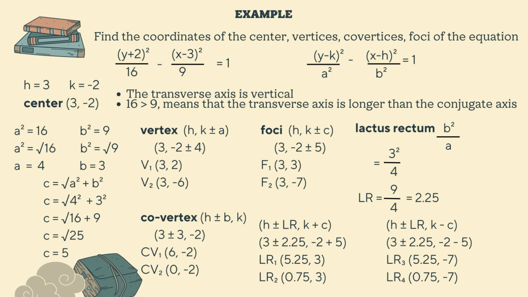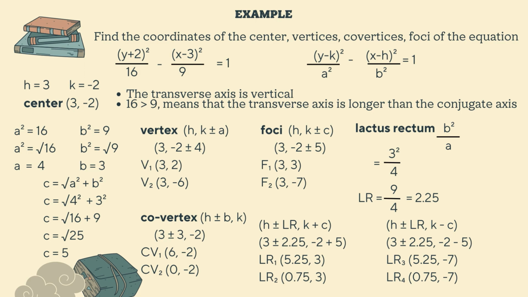Wherein we can see that the transverse axis is vertical since the quantity of y minus k squared starts the equation. And 16 is greater than 9, which means that the transverse axis is longer than the conjugate axis. So for our center, we have 3 and negative 2. Our value for h is 3. Our value for k is negative 2.